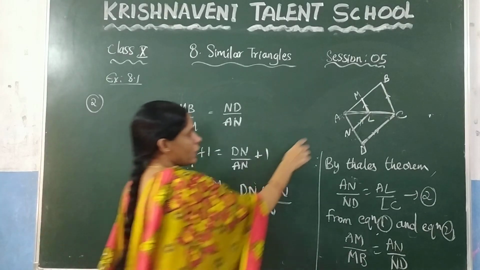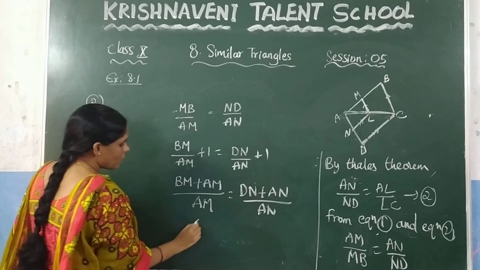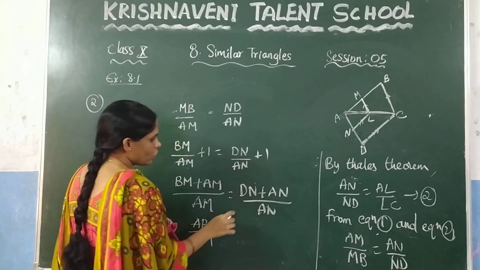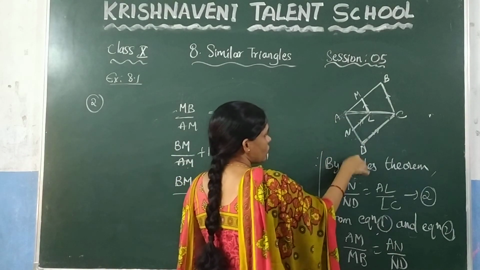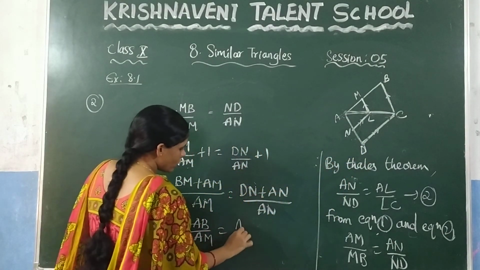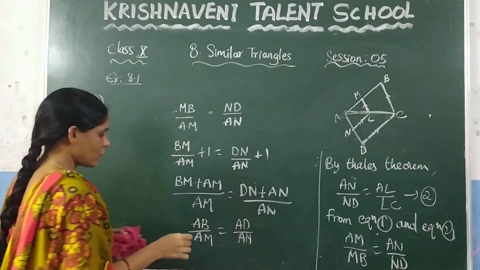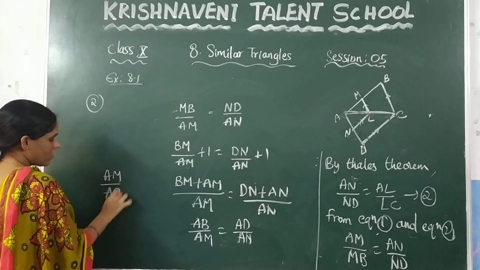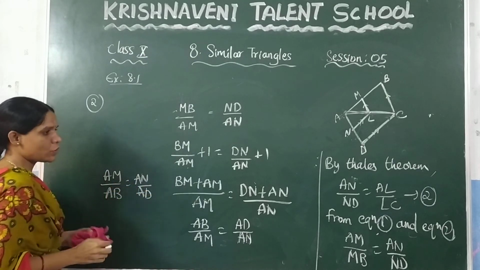It is nothing but AB, the total length. So you are getting AB by AM is equal to, what is the value of DN plus AN? DN plus AN gives you the total length, which is AD. So here AB by AM is equal to AD by AN. Just reverse this equation, so that what you will get is AM by AB is equal to AN by AD. This is what we need to prove here.